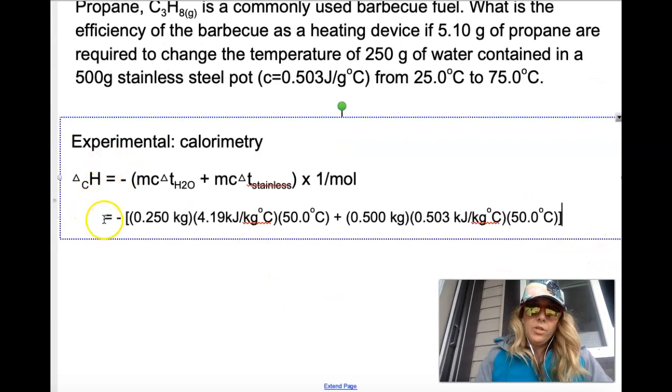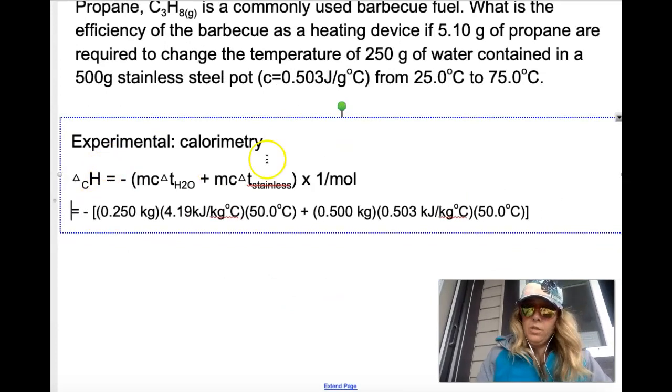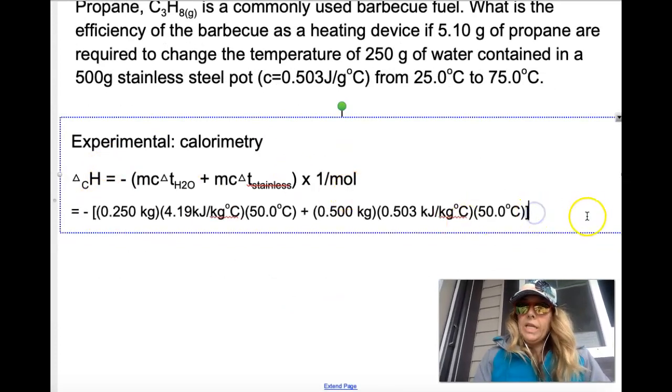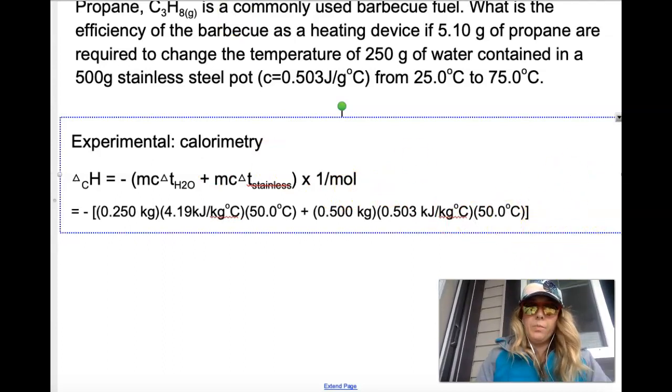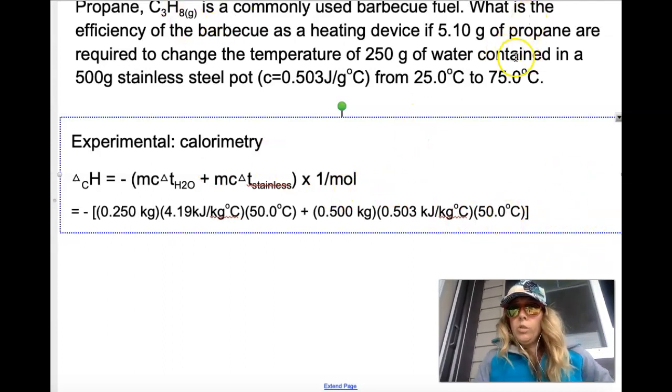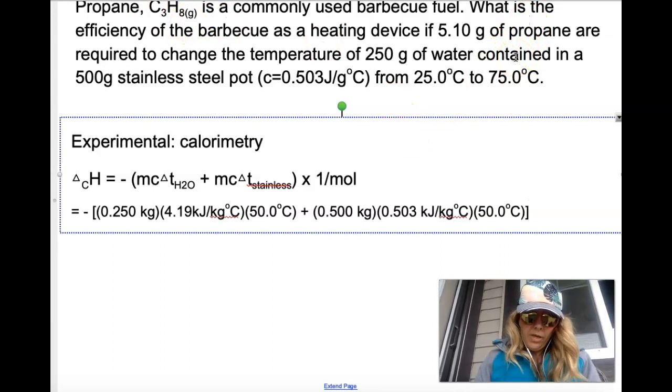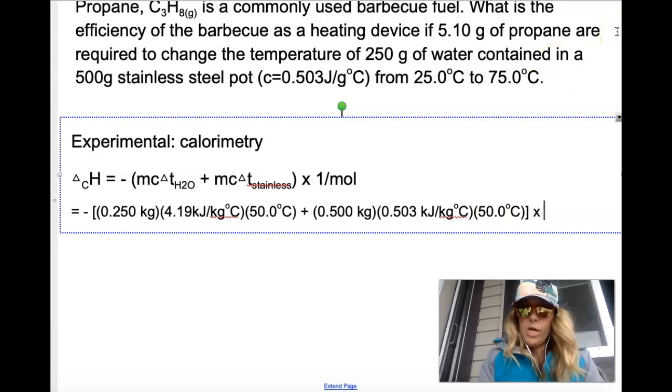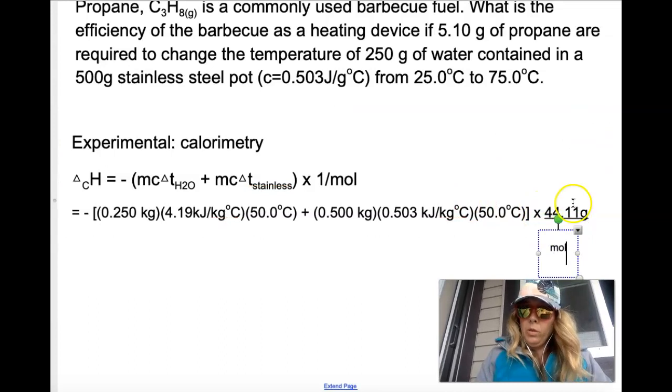Now what we need to introduce, I'm going to give myself a little more space to do this because I know I'm going to run out otherwise. We need to introduce the moles of the propane, okay? So we were told it was 5.10, but we're going to have to go get the molar mass for it, which is 44.11. So we're going to do times 44.11 grams, and that is going to be per mole.